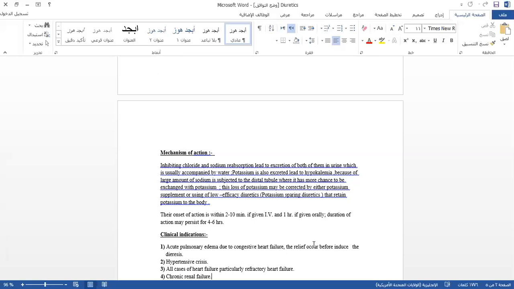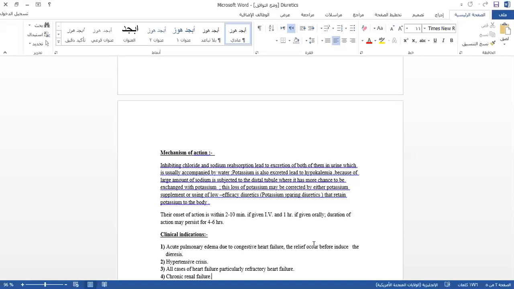Then the major mechanism of action of the high efficacy diuretic is inhibition of the active reabsorption of chloride and sodium at the medullary part of the ascending loop of Henle, leading to increased excretion of sodium chloride combined with water, and there is loss of potassium, leading to hypokalemia.